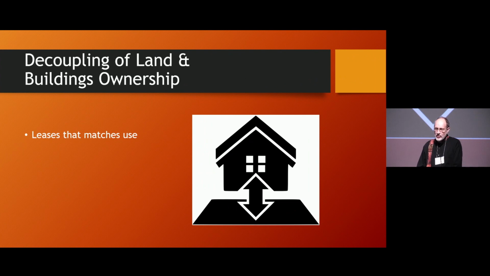Decoupling land and building ownership. Well, instead of giving the right forever to someone through buying the land, and we saw that the land value is not associated so much with what you do on it. It's associated with all kinds of things that have nothing to do with you as a landowner. It's the infrastructure. It's all those collective things that give value to the land. Therefore, you shouldn't own the land.